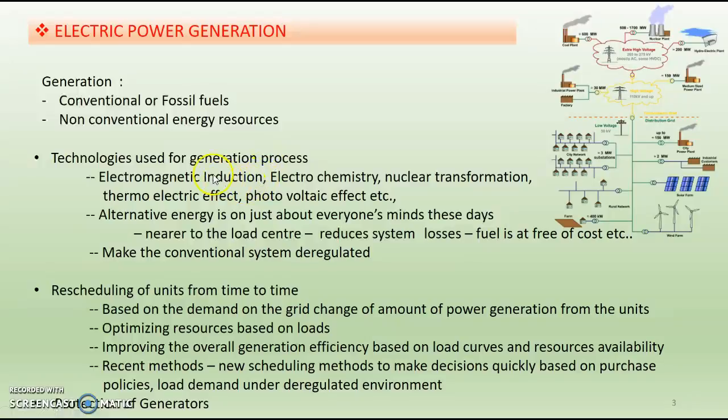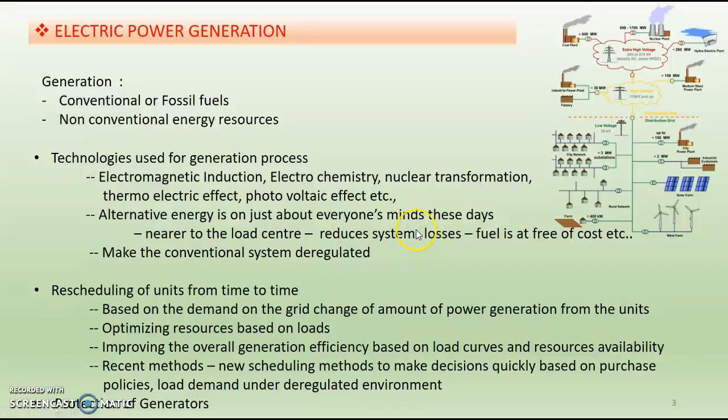Technologies used for the generation process are electromagnetic induction, fuel cells that work on electrochemistry, nuclear transformations, thermoelectric effect, photovoltaic effect, etc. Alternative energy is on just about everyone's mind these days because it is nearer to the load center.